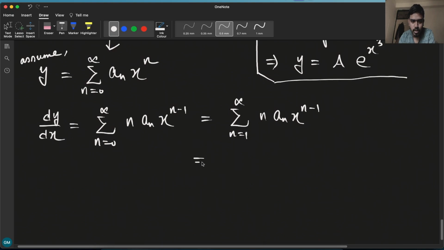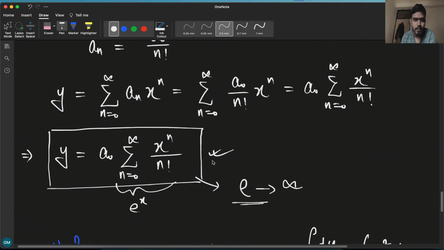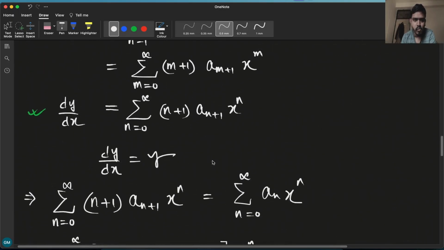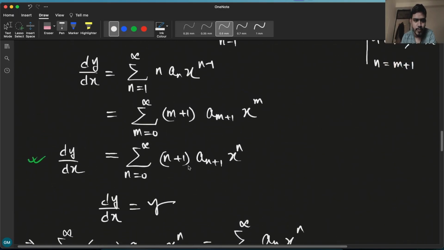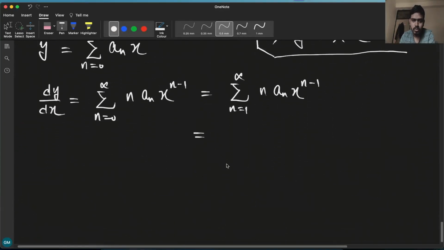Now again we will do the coefficient transfer. We already did it here, so I will not do that again. So it will be the sum from n equals 0 to infinity of (n plus 1) a_(n plus 1) x to the power n.